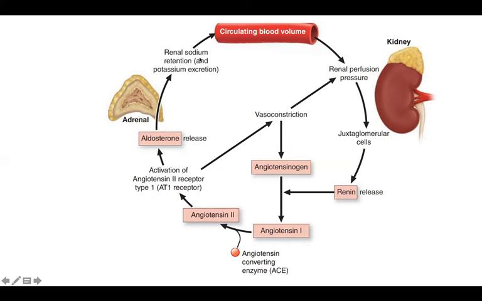And at the same time, because of water retention, there will be a suppression of renin release. So low renin, high aldosterone, hypernatremia, hypokalemia, hypertension with metabolic alkalosis would give you a clue towards the presence of hyperaldosteronism.